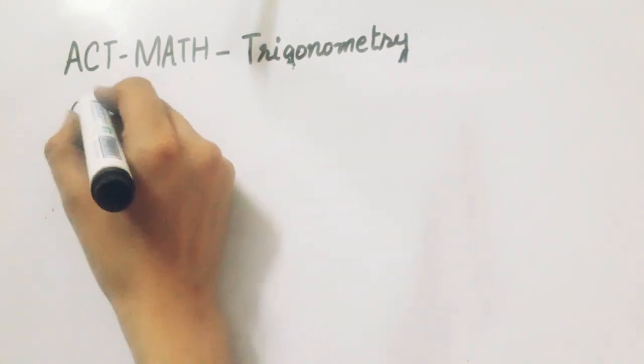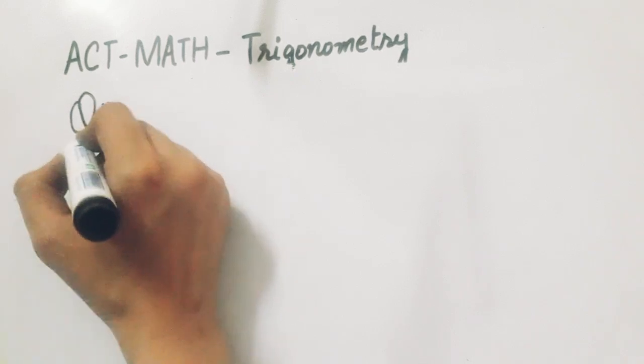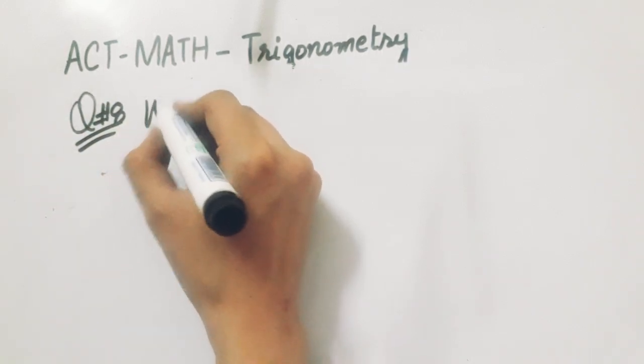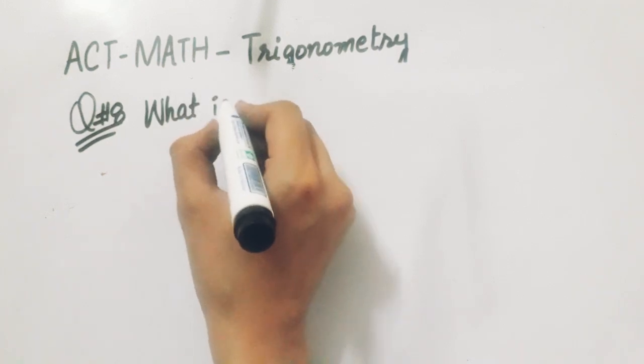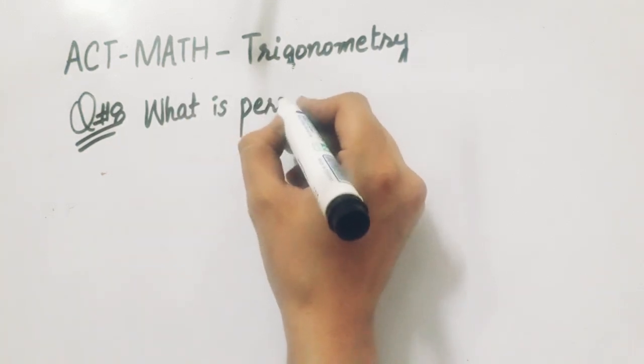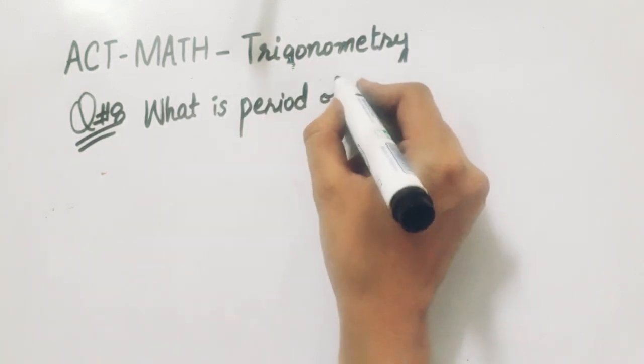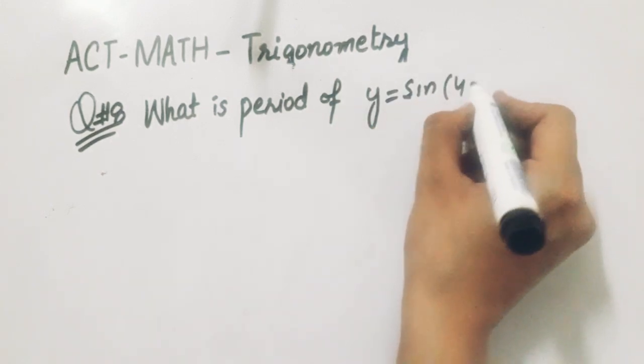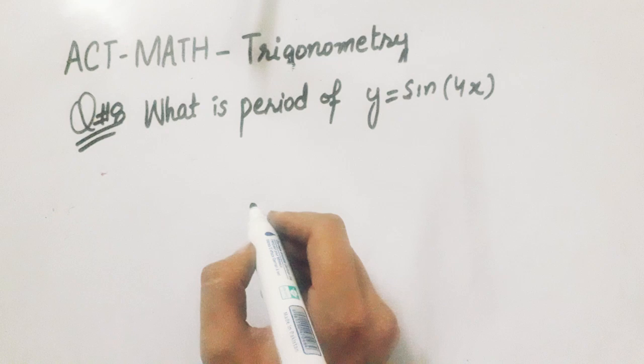Now question number 8 is related to the period of a function. So what is the period of y is equal to sine 4x?